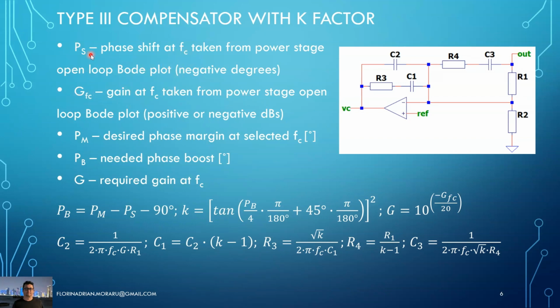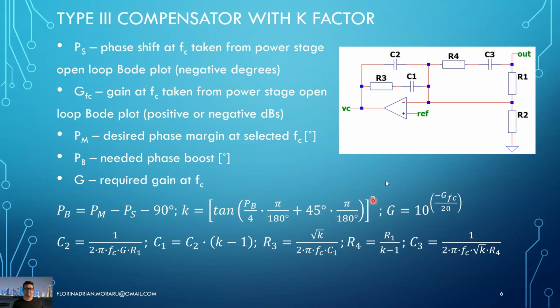We will look at the gain and phase on the power stage Bode plot at the selected cutoff frequency, and then we need to impose a certain phase margin we want to have, and we need to calculate two values, the needed phase boost and the required gain at the cutoff frequency, and then by using those values we can actually calculate the values for the components.